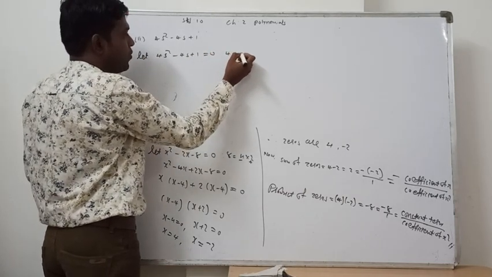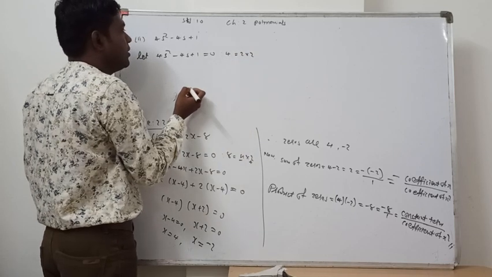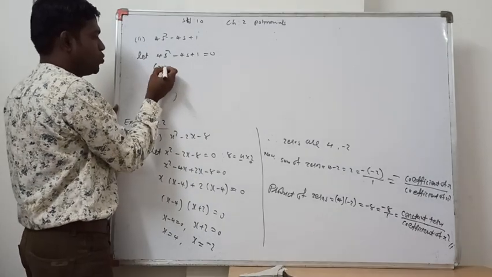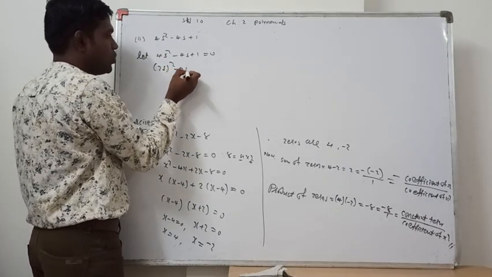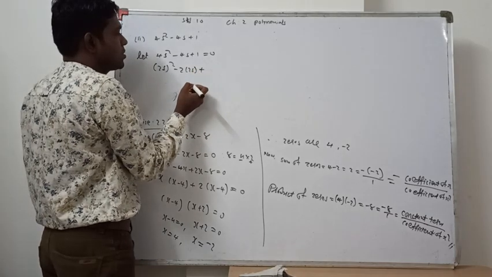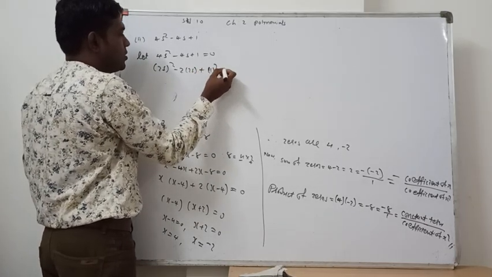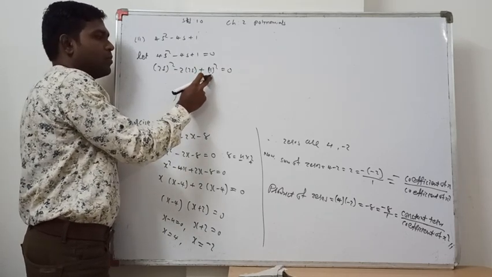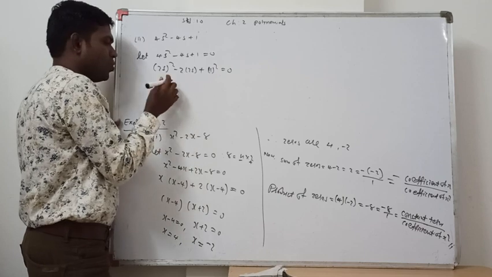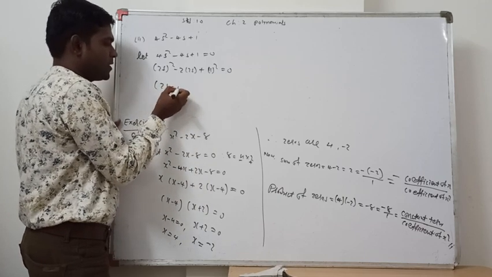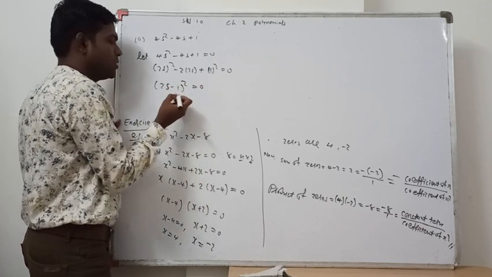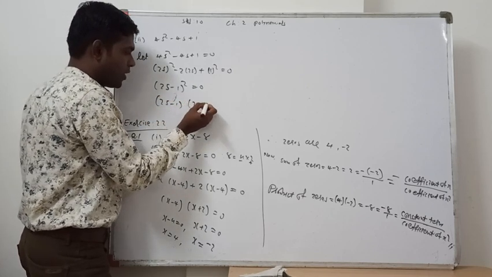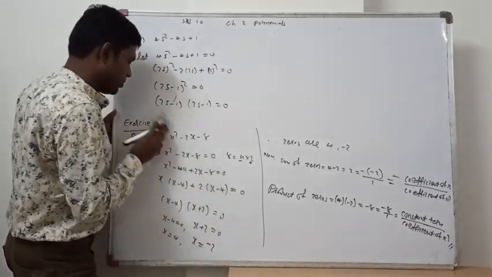Now factorize this 4, that is 2 into 2, right? You may directly write it in this way also. This is 2s whole square minus 2 into 2s plus 1 square, equals 0. Now this is a square minus 2ab plus b square, right? So this is the whole square of what? 2s minus 1 whole square equals 0. Then 2s minus 1, again you have to write 2s minus 1 equals 0.